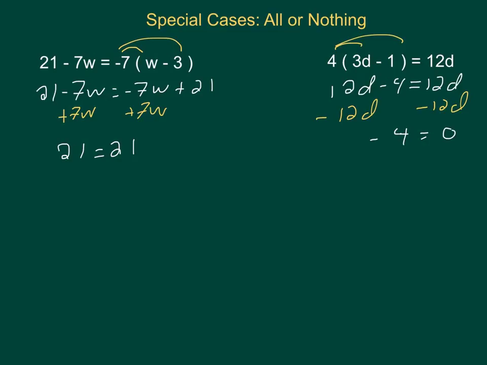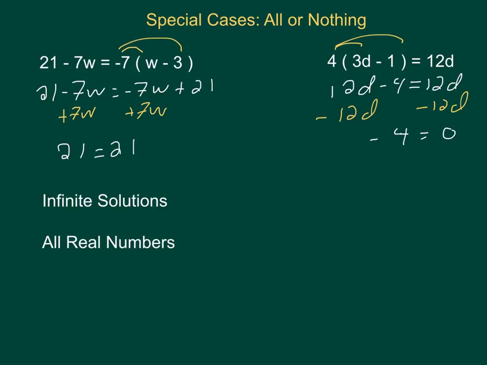So what this means is that we actually have a special case where everything's going to work. We have an infinite number of solutions. More specifically, we have all real numbers are solutions. Any number, positive, negative, decimal, fraction, doesn't matter.